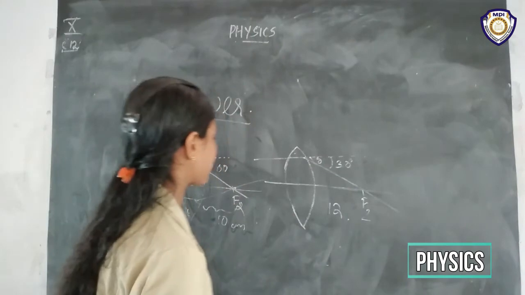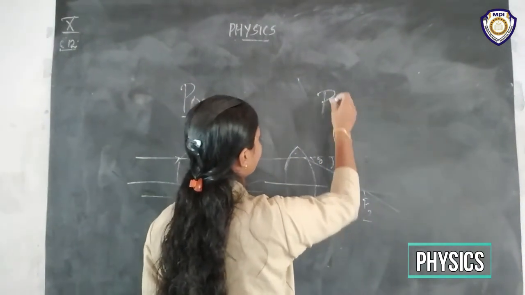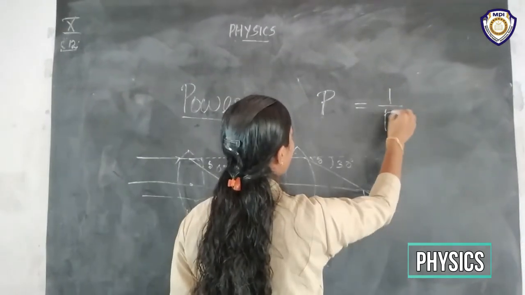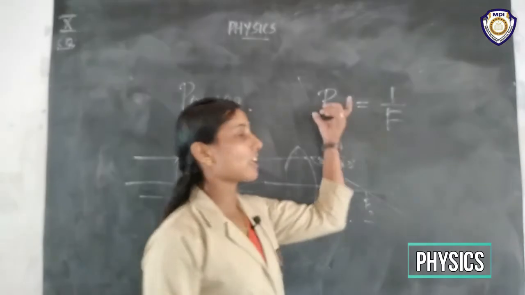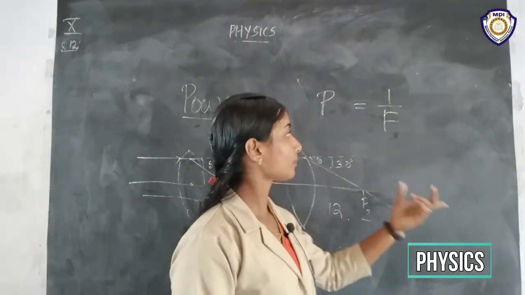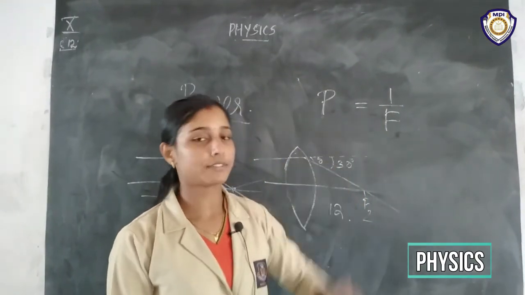So we can represent power of a lens by the letter P, and it is equal to 1 by F. That is, power is inversely proportional to the focal length of the lens.